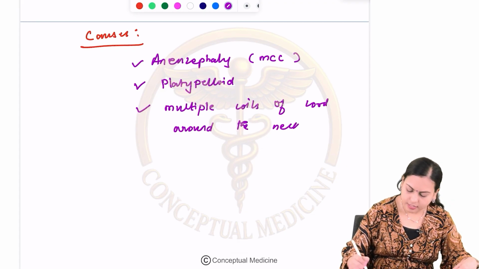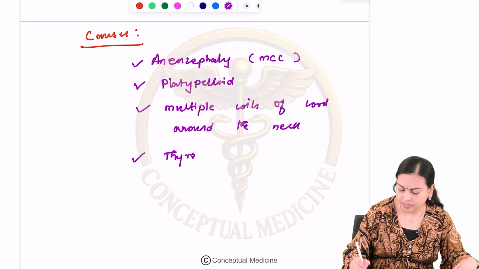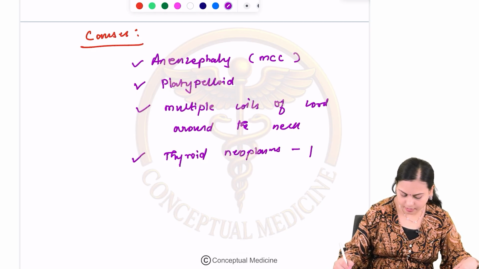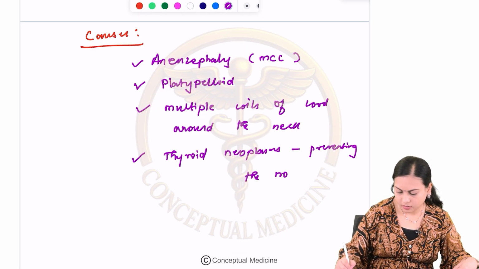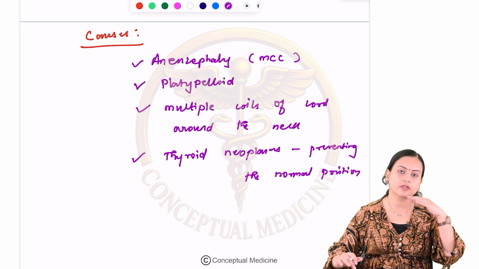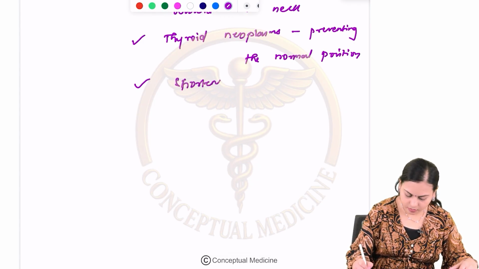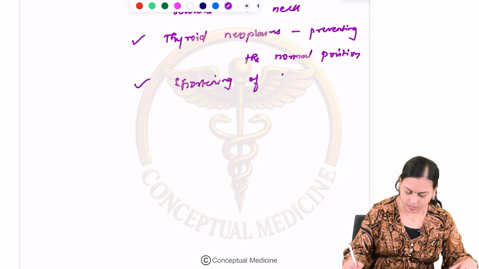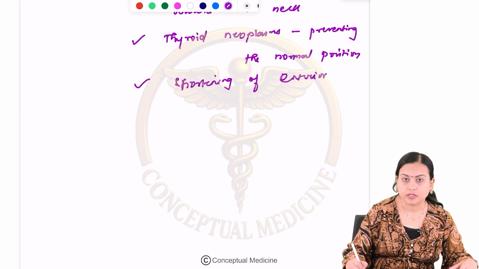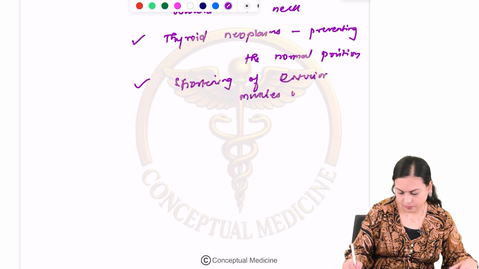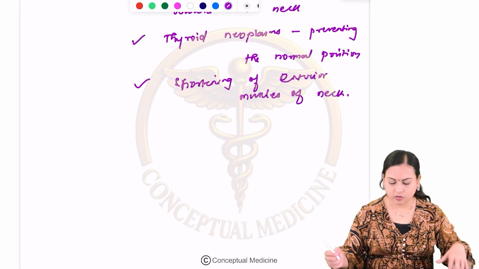Then there can even be thyroid neoplasms, that are preventing the normal position of the head, okay, because it is going to extend the head, right. Then there is shortening of the extensor muscles of the neck.